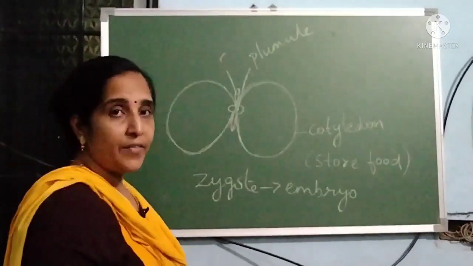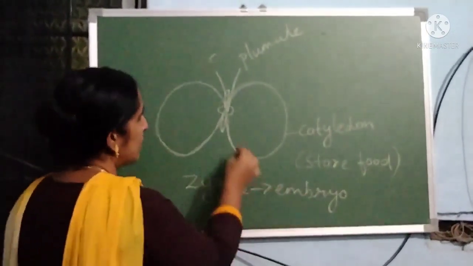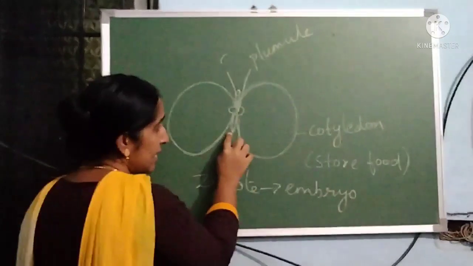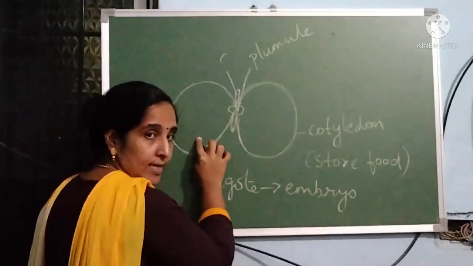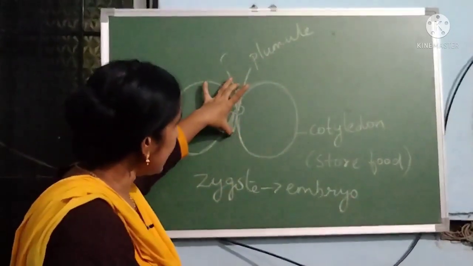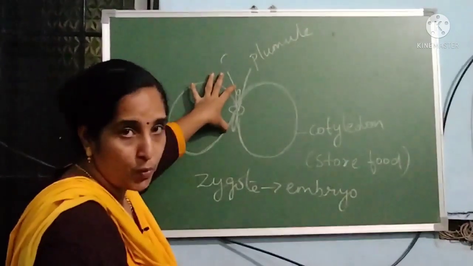Okay. After fertilization, the zygote will develop into embryo. Suppose this is a structure of a seed. This seed consists of two cotyledons, two halves, and inside the cotyledon there is a small structure called a plumule.